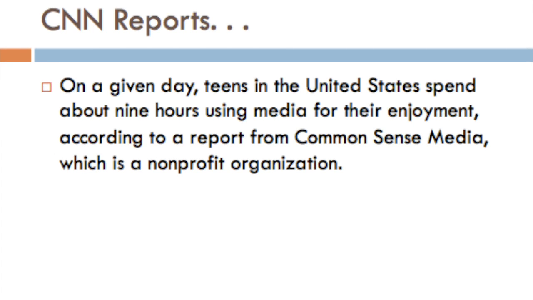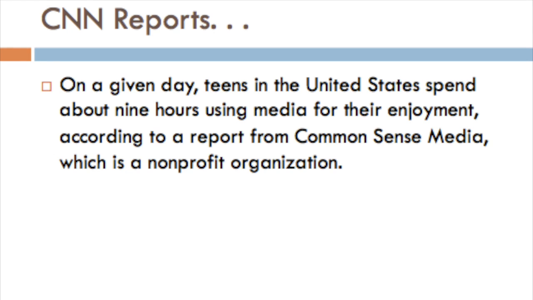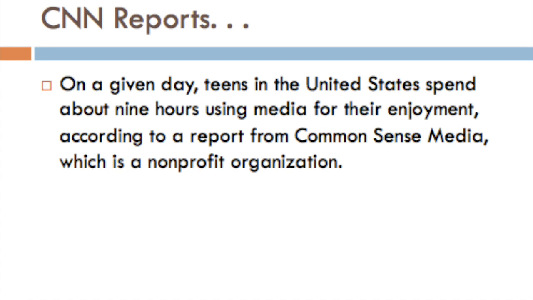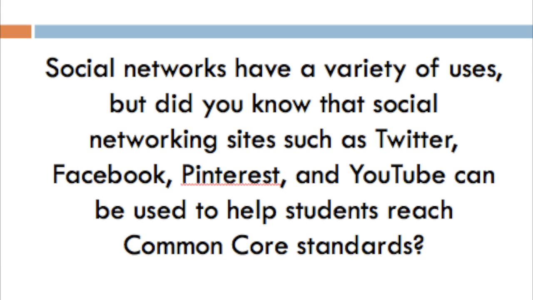But again, we just see how media drives not only our society these days, but specifically teenagers. And most of us are going to be working with teens, whether it be middle school or high school. But I read another report where teens check their Instagram account up to 100 times a day. So if teens are checking their Instagram up to 100 times a day, that obviously means that social media is something that's very important in their lives.